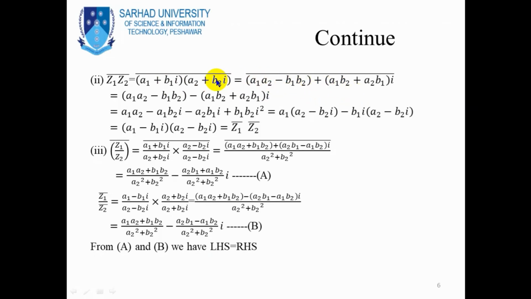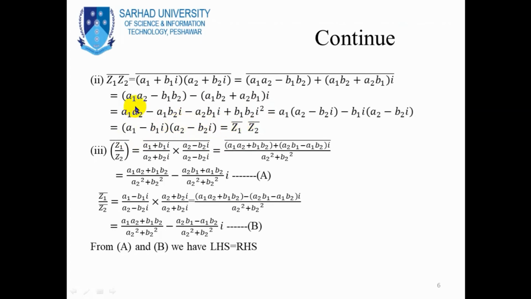Now applying the conjugate, the sign of the imaginary part will be changed. So we obtain a1 into a2 minus b1 into b2 minus (a1 b2 plus a2 b1) into iota. Now after simplification, we obtain (a1 minus b1 iota) into (a2 minus b2 iota), and this is actually the conjugate of z1 and this is the conjugate of z2.